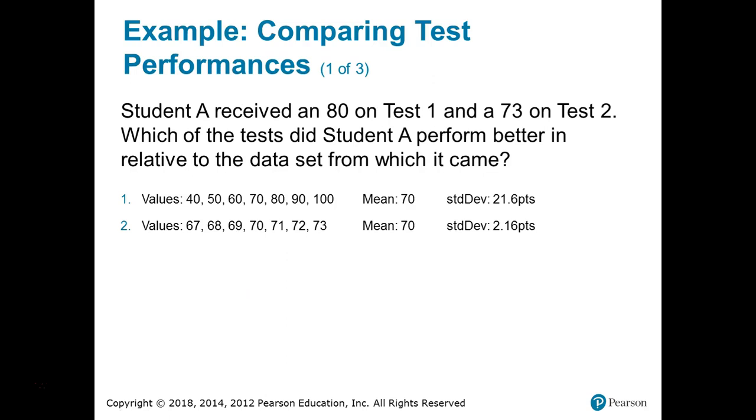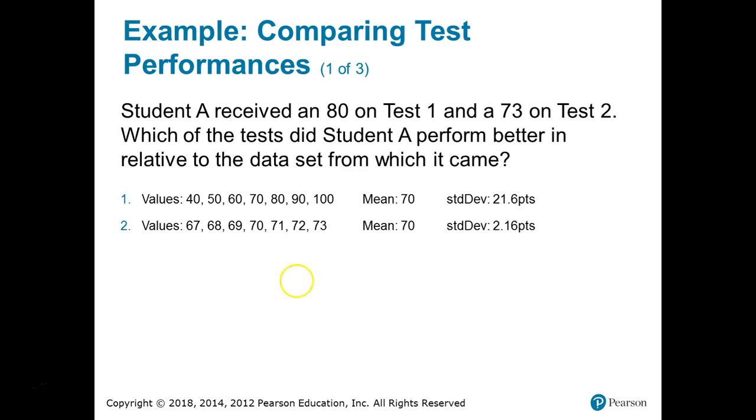Let's look at the z-scores from the test example I gave you last section. A student received an 80 on test 1 and a 73 on test 2. Which of the tests did student A perform better in relative to the data from which it came?